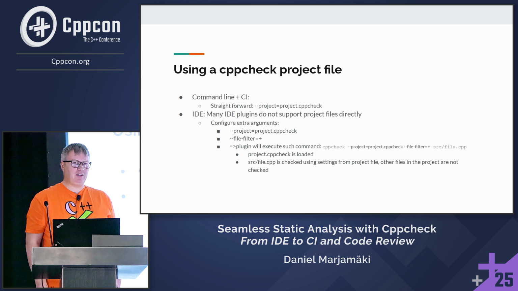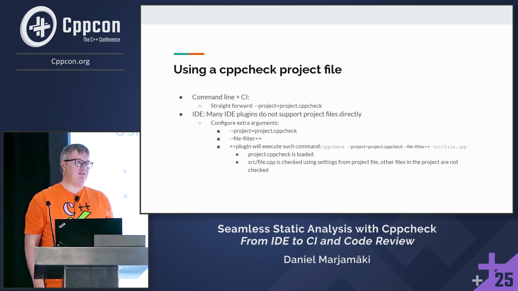Before, it was a bit more tricky to use a project file in IDEs. There was not direct support for project files, and it was not possible to just add it as an extra argument. But nowadays, we can configure with extra arguments. You can provide the --project, and then you can provide --file-filter.